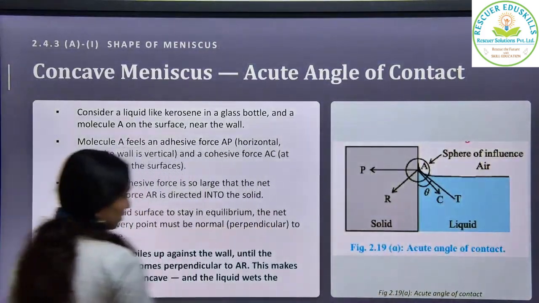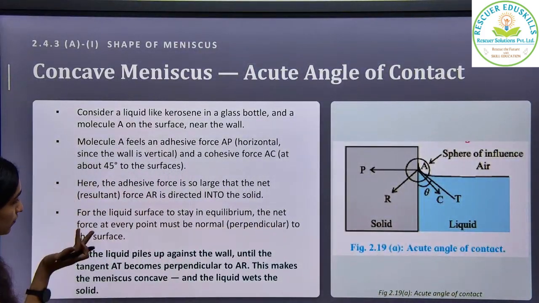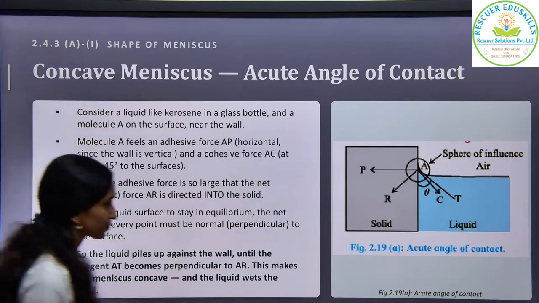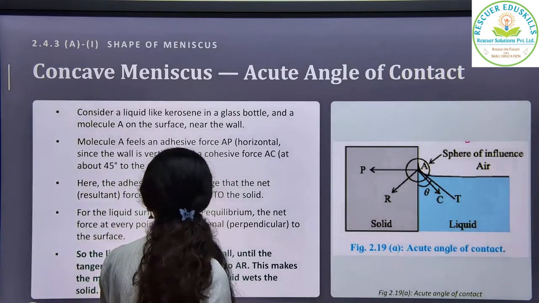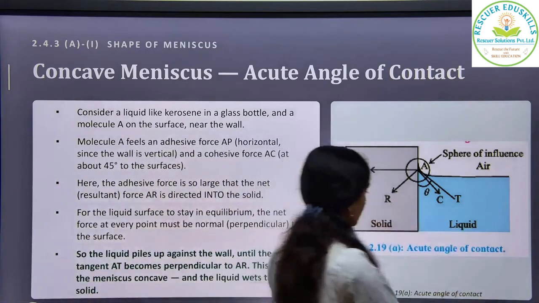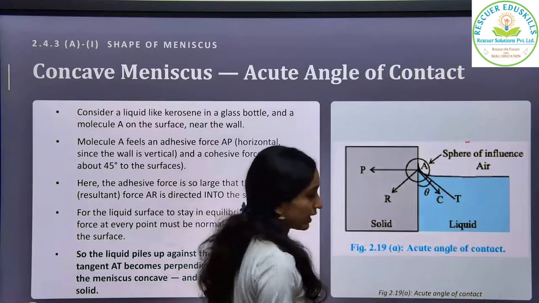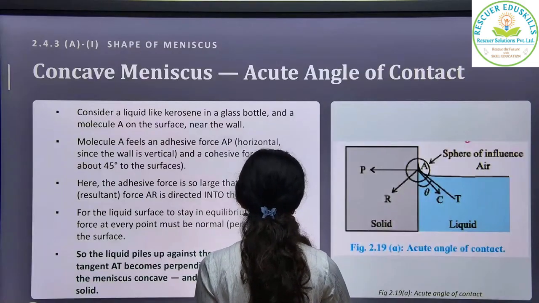Now we are going to study the concave meniscus. As you can see in this diagram, but I will draw one more easier diagram so that you can understand well.